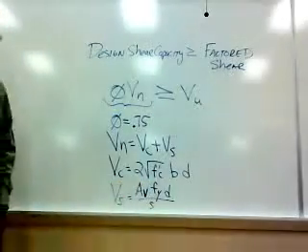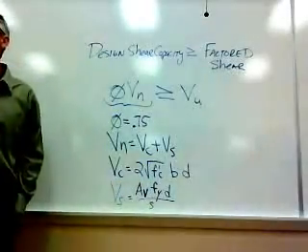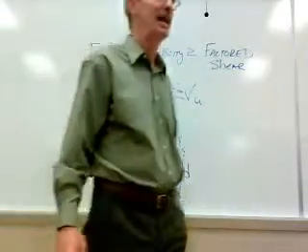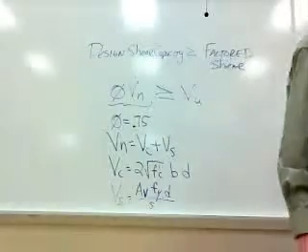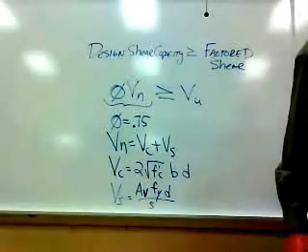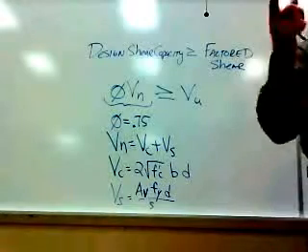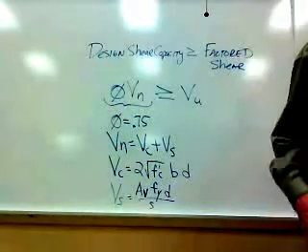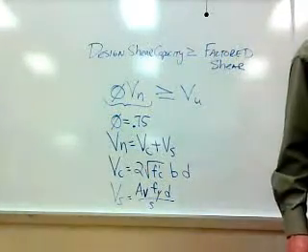All right? A_v sounds a lot like A sub S. And it is. It's an area of what? Stirrup steel. Okay? Shear steel. A_v is the area of the stirrups.